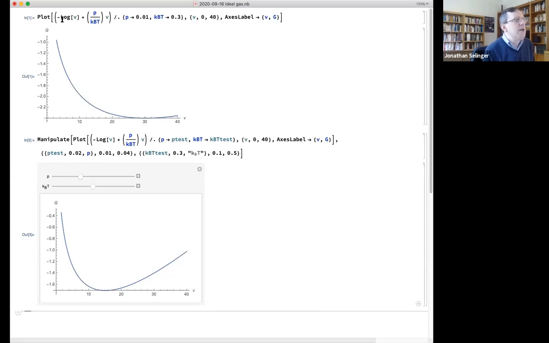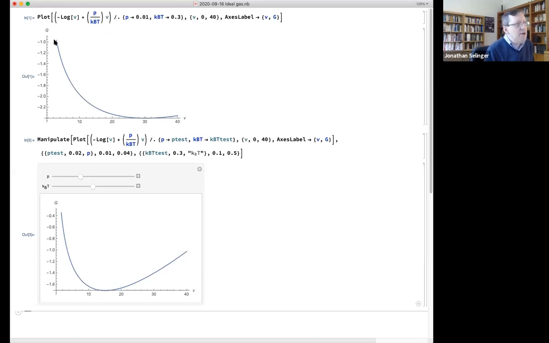Here, the G is negative log V plus pressure over KT times V. So this is really G divided by the number of molecules and divided by KT.